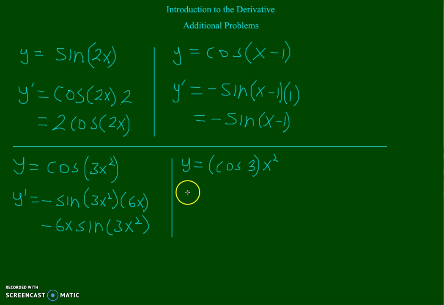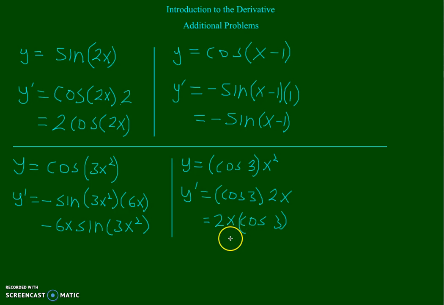So y prime here is equal to, rewrite the cos 3, and we're just going to differentiate this with the power rule, 2x. So just to make it a little prettier, this equals 2x cos 3. And that's the end of that one.